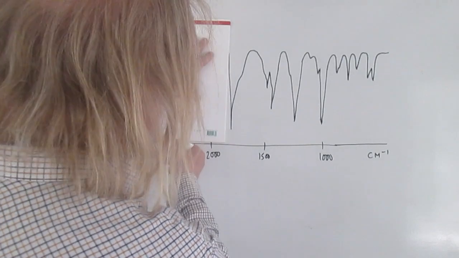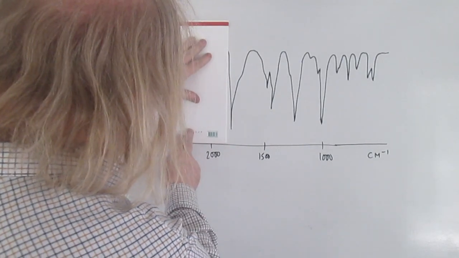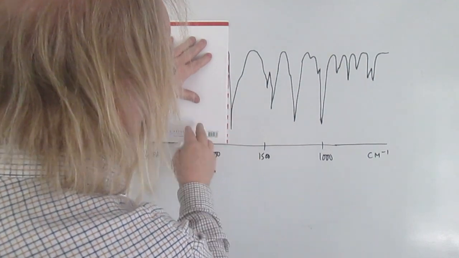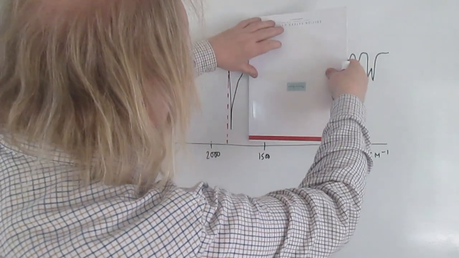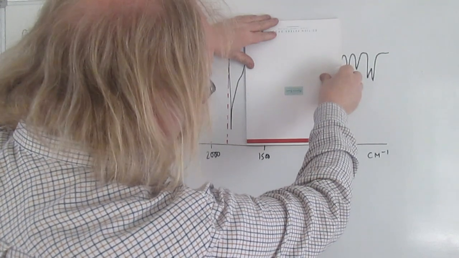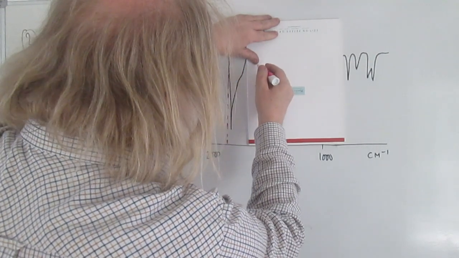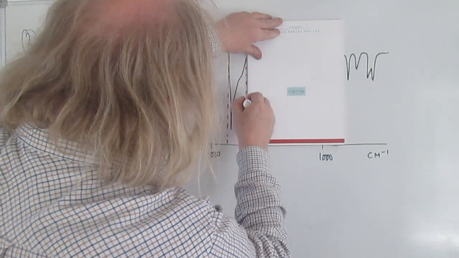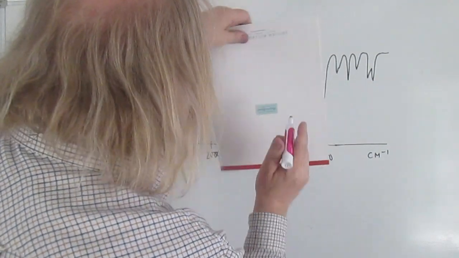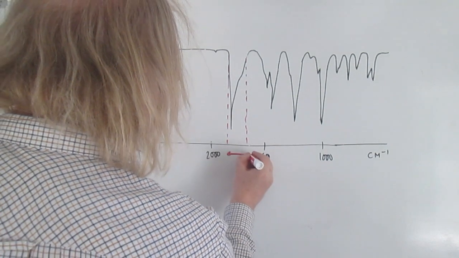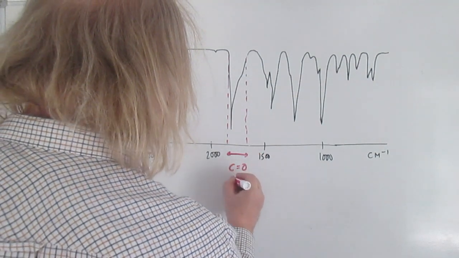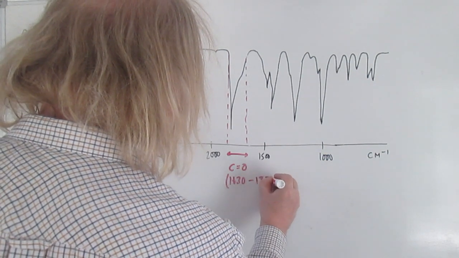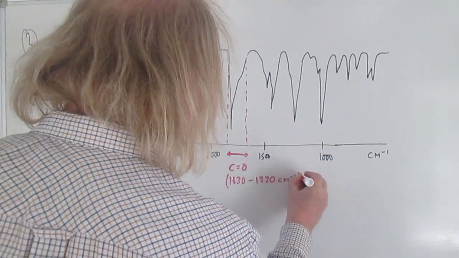So just get your square edge and check, and if you do plot on 1630 to 1820, you should find that that corresponds quite well. Okay, so you say, yeah, that fits for C double bond O. As I say, it's a good idea to quote the data sheet to say how you know that it's that.